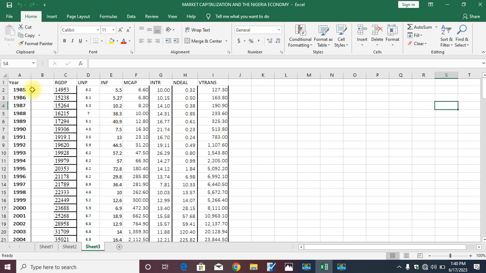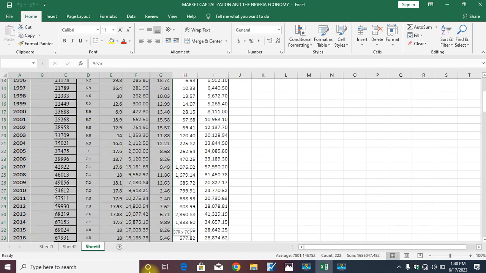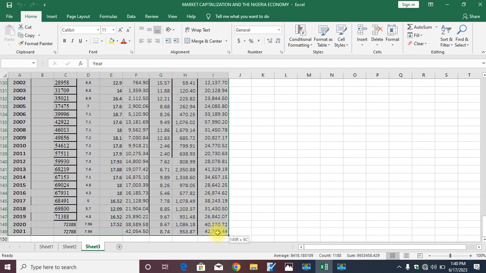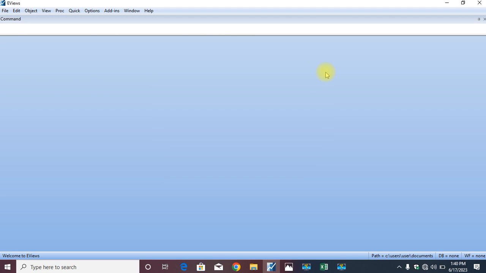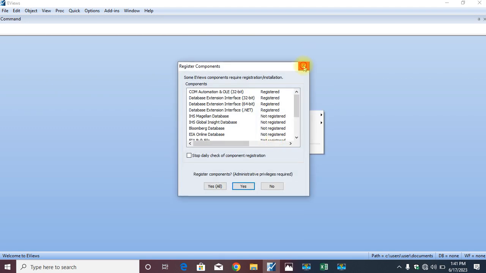So basically, the way I load my data most of the time, I will highlight all of these variables starting from the first one, including the year. I open my EViews portal and I paste them. I right click, I paste them in my EViews portal.